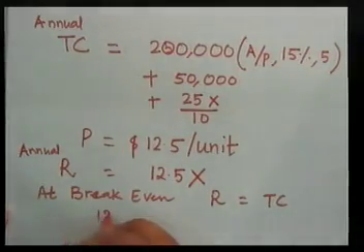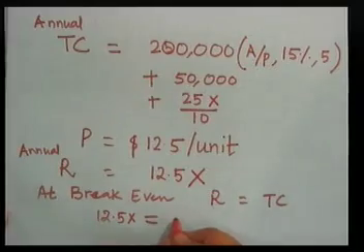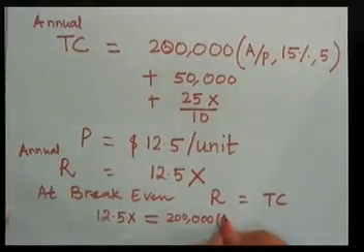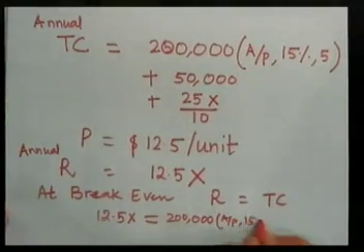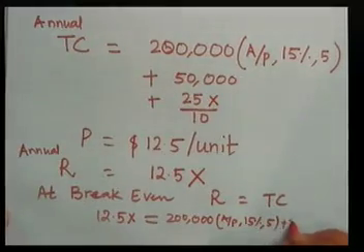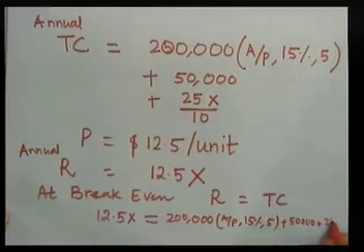Now my R is 12.5x, and this must be equal to 200,000 A given P, 15% for a period 5, plus 50,000 plus 25x upon 10.